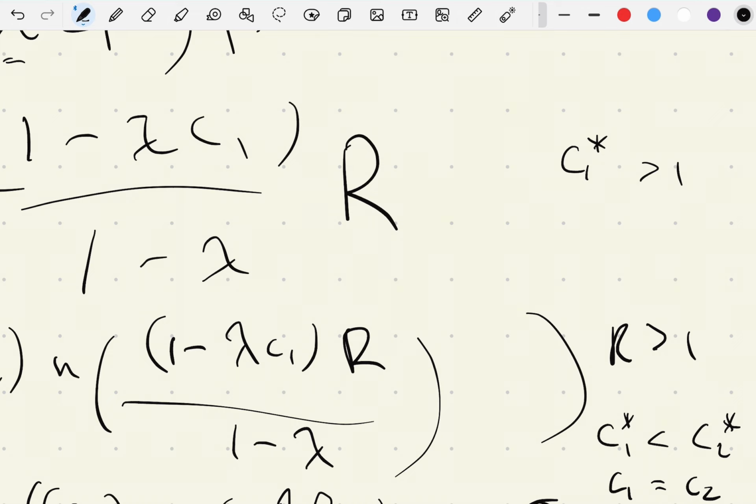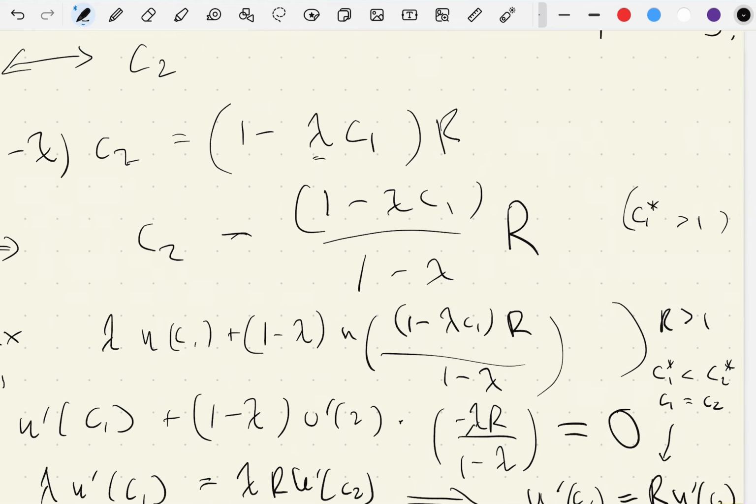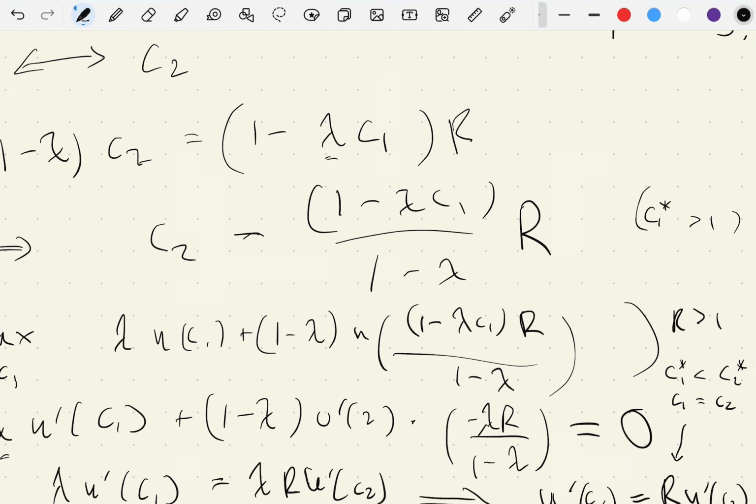Basically, the better outcome is that C1 star is greater than 1. Okay, and that the bank could achieve with certainty, or basically the bank can achieve something that a self-insurer cannot achieve in autarky.